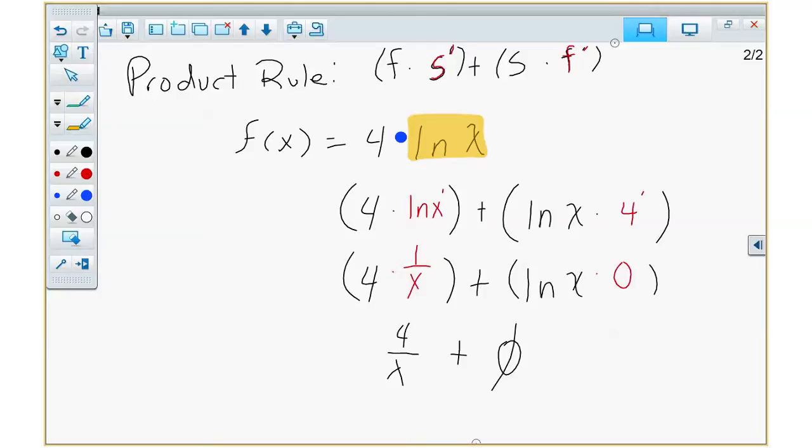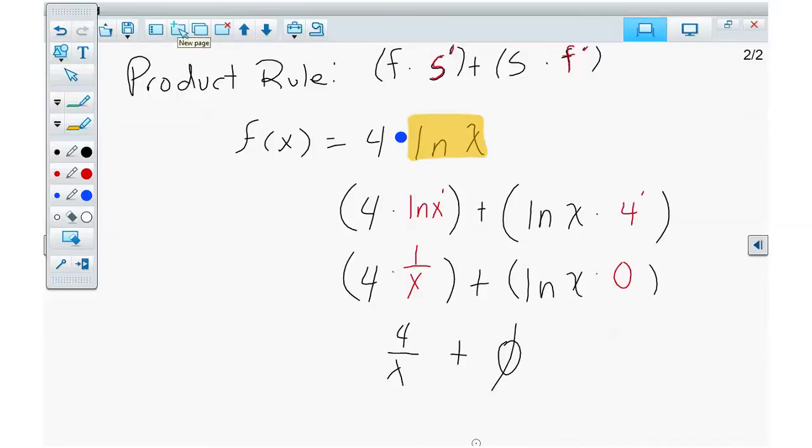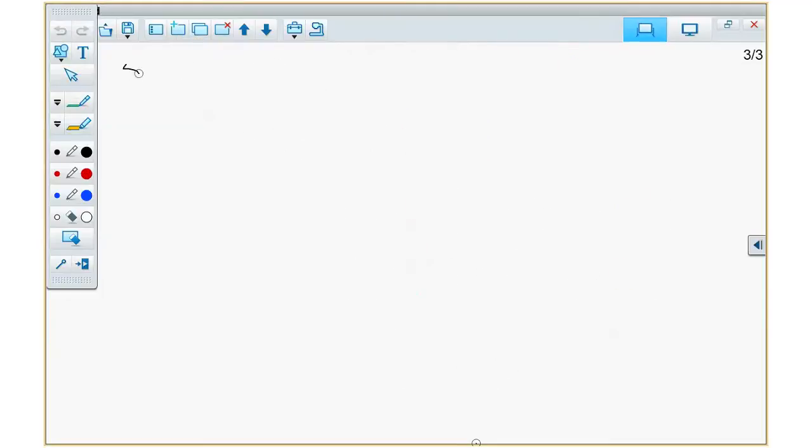Now, of course, they're not going to be that easy. We'll do another one. What chapter are we in? 3.5. Yeah, 3.5 is where you start to see the product rule.